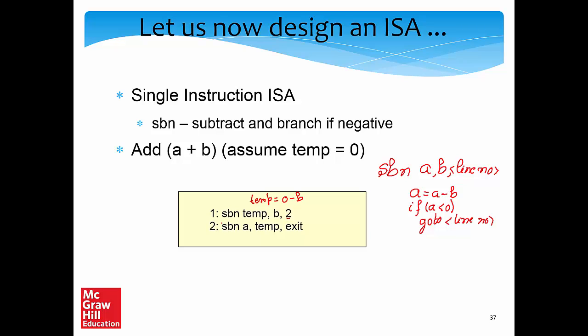Irrespective of the outcome, from instruction 1 we come to instruction 2, and here again we compute a = a - temp, which is pretty much equal to a plus b. So in this case, we are adding a plus b with the SBN instruction, and we can assume that the next instruction is exit. In both cases, irrespective of the result being positive or negative, we just leave the program.